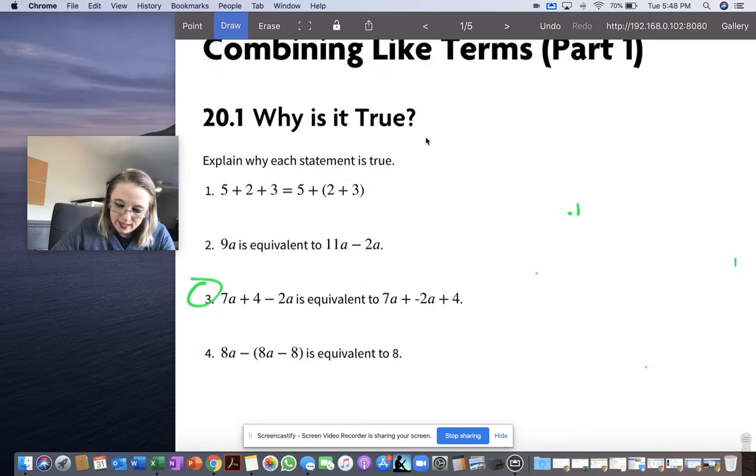So number 3, 7a plus 4 minus 2a is equivalent to 7a plus negative 2a plus 4.